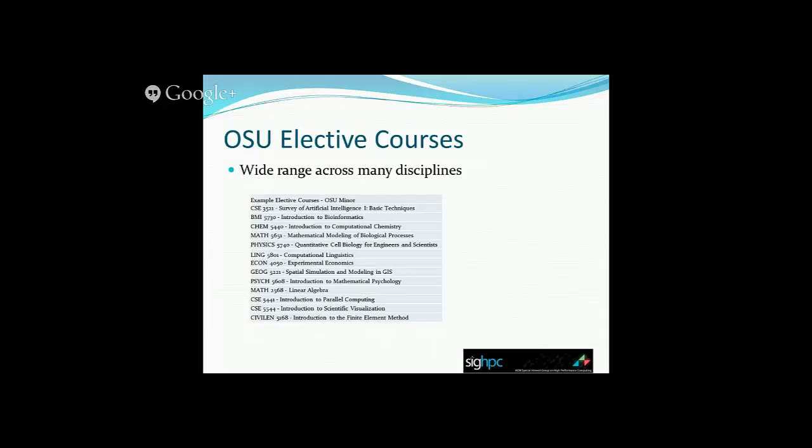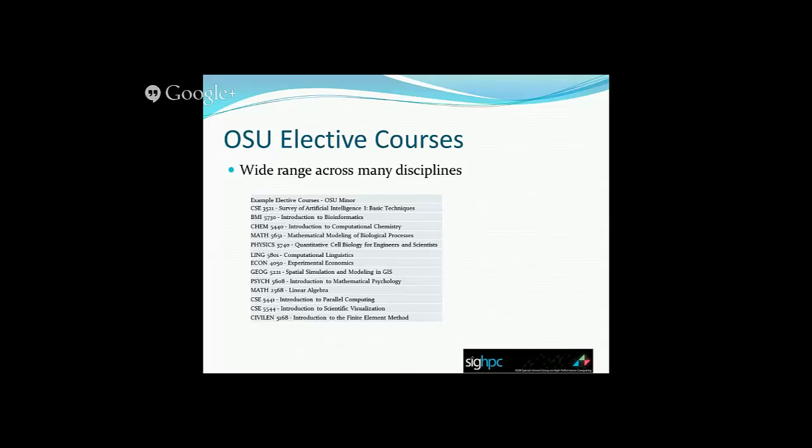Because OSU is a large institution, there are many disciplines that have expertise in computational science, and so this is a list of most but not all of the elective courses in the OSU minor, and you can see it goes across a wide range of fields from computer science, bioinformatics, computational chemistry, mathematics, computational linguistics, experimental economics, geography.